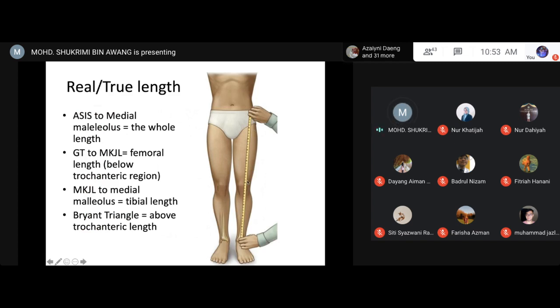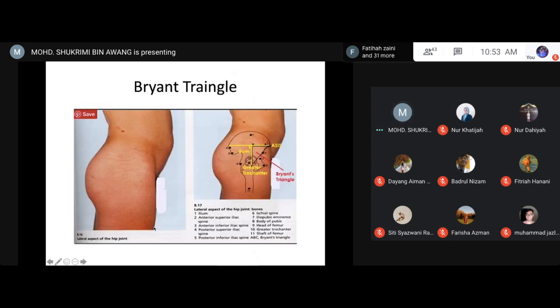So now you know the tibia is equal, the femoral side is shorter, because from here to here is shorter. What you want to determine is where the shortening is. Is it at the shaft or is it above the trochanter? That's why you do your Bryant triangle here.